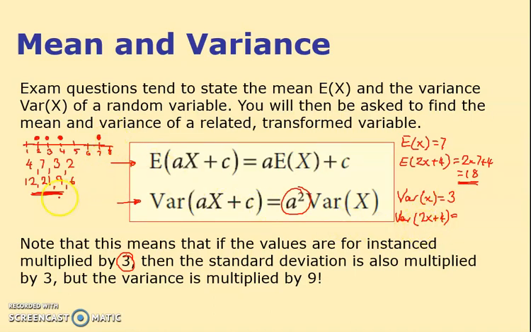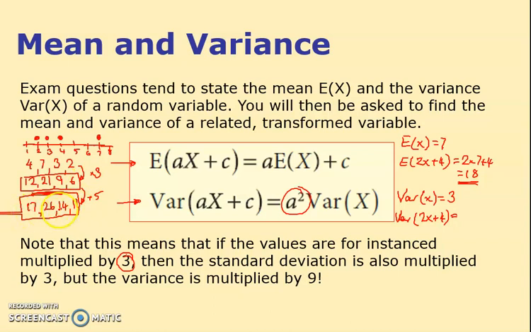Notice another thing though. If I was then to, having multiplied them all by 3, add 5 to them all, I get 17, 26, 14, and 11. Now I want you to think about how spread out these numbers are compared to the previous numbers. I don't think adding 5 has made them any more spread out.